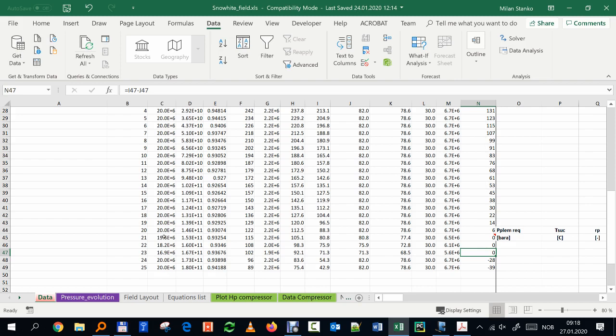Okay, the 16 starts dropping quite sharply.